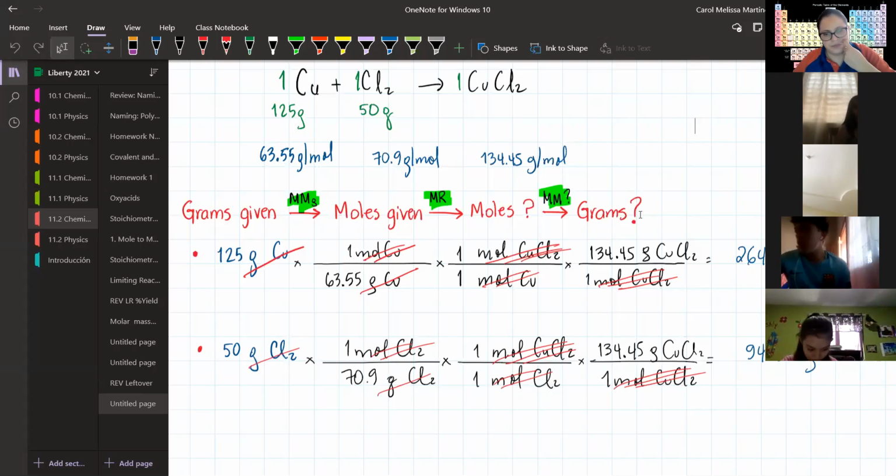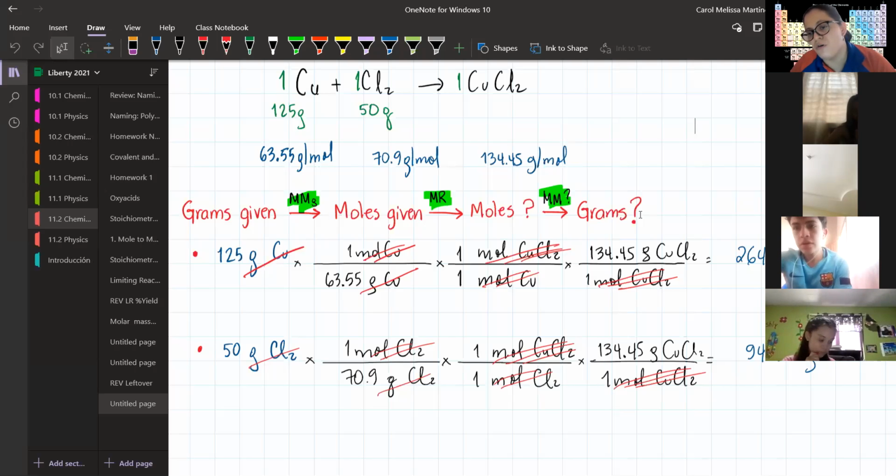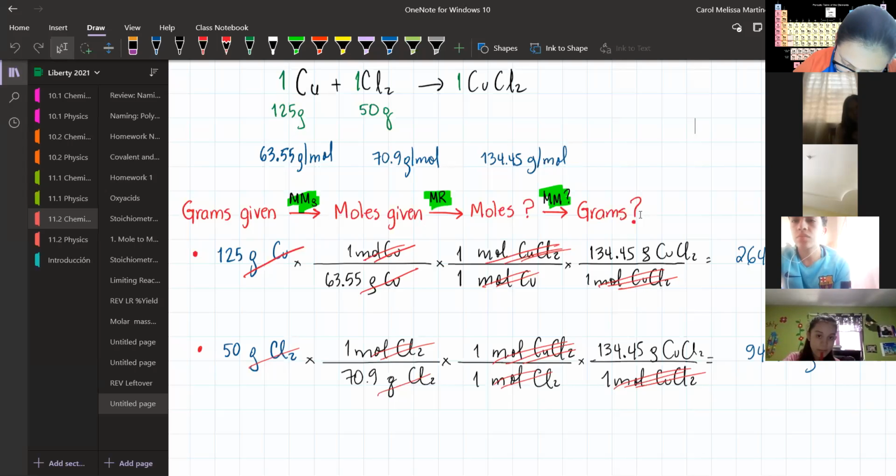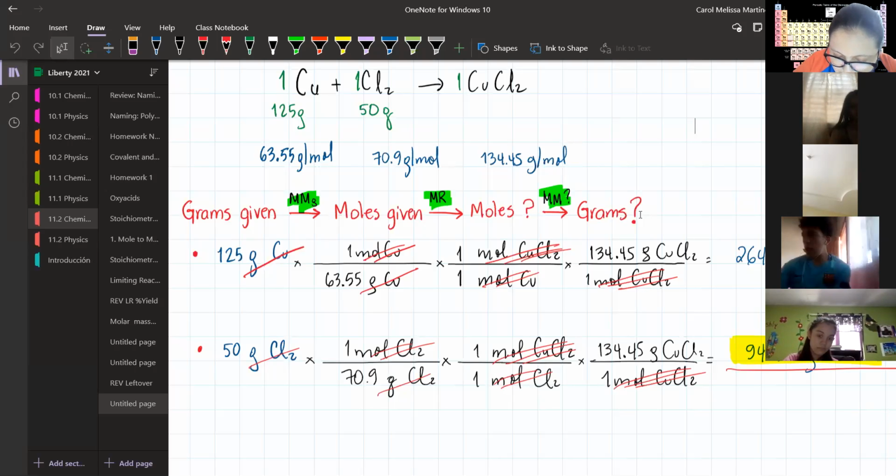Now with this, we can say how many grams can be produced, 264 or 94? The limiting reactant gives the least of the answers: 94. So with this, we say that 94 grams can be produced.